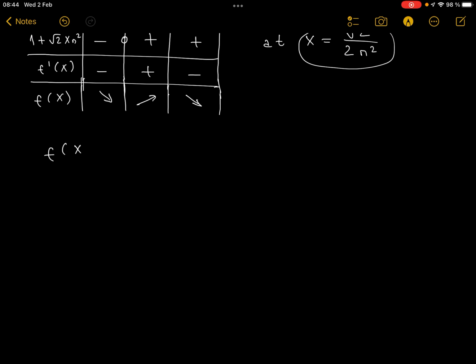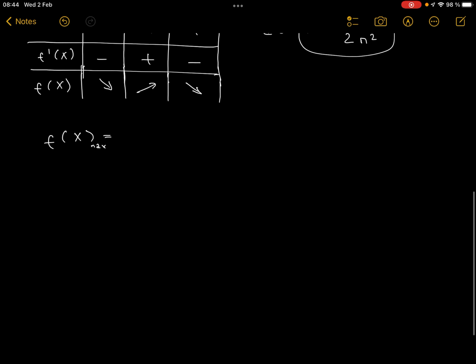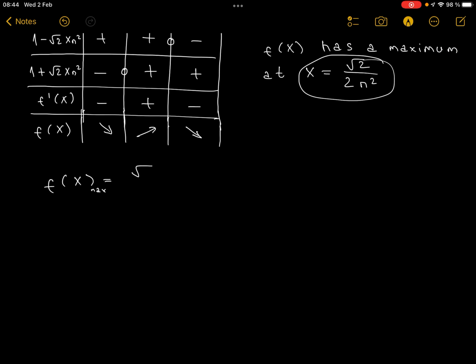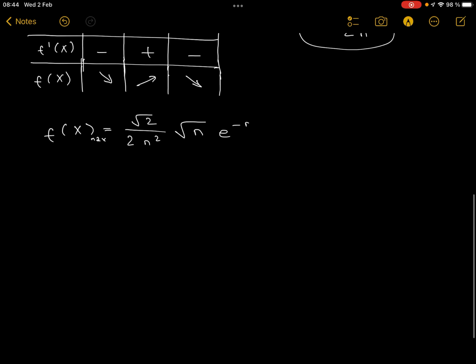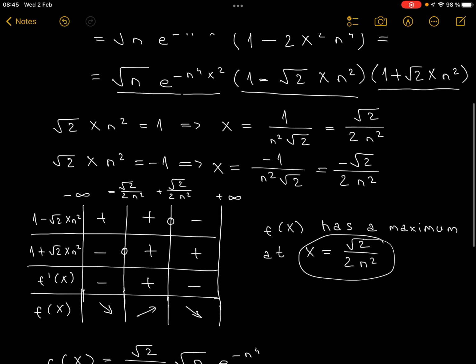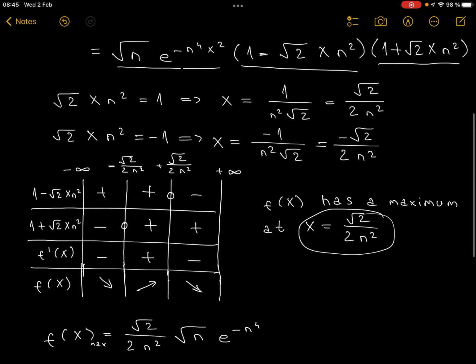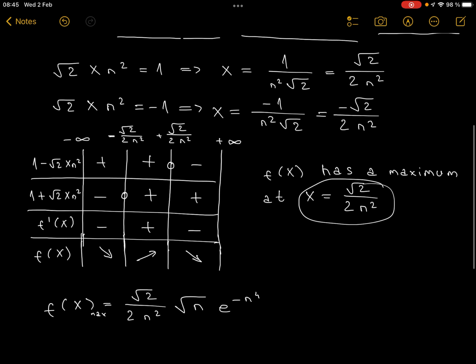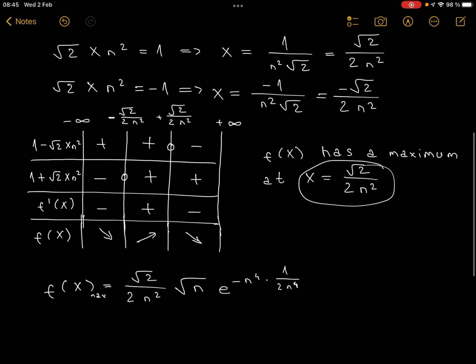So f of x max is equal to x, but instead of x I'm just going to put down the square root of 2 over 2n squared, times the square root of n times e to the negative n to the 4th power times x squared, which is just 1 over 2n to the 4th times 1 over 2n to the 4th power.